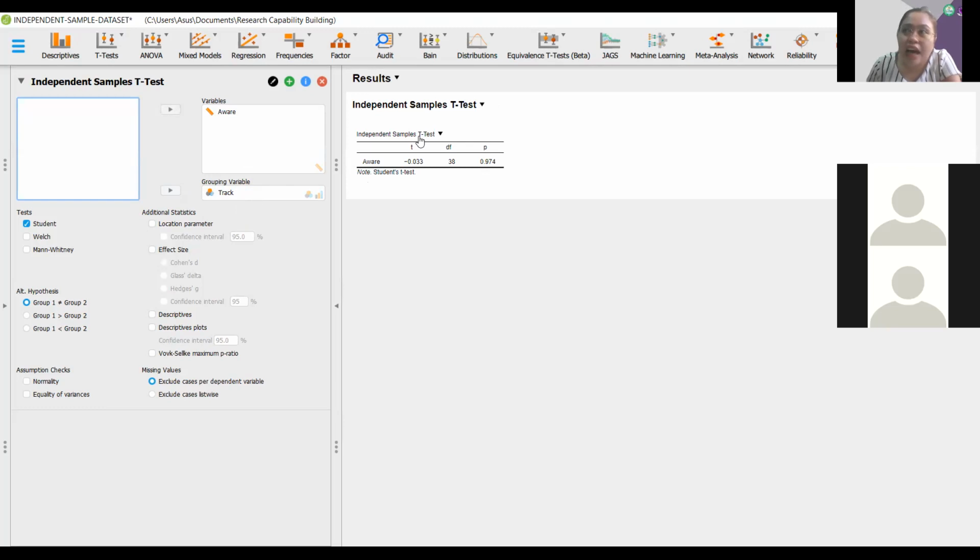Just like the Excel, you will have the t-score, okay? You will have also the t-score here. That we don't need to really use the t-test table since we have here the p-value. Okay? We have the p-value. So this is the t-score.